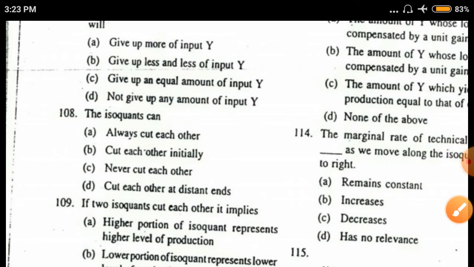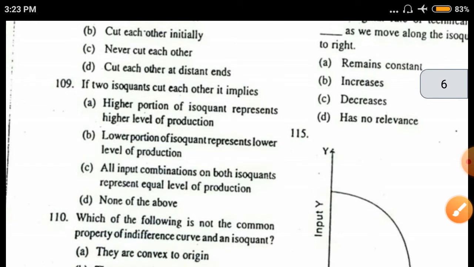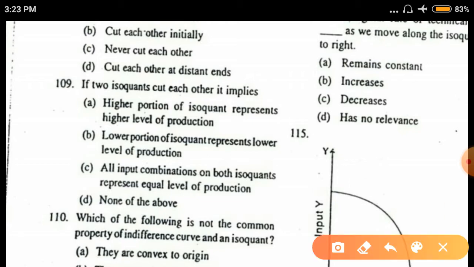Question number 108. The isoquants can never cut each other. Question number 109. If two isoquants cut each other, it implies all input combinations on both isoquants represent equal level of production.